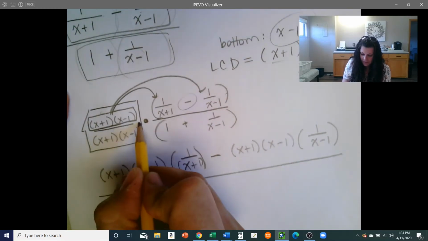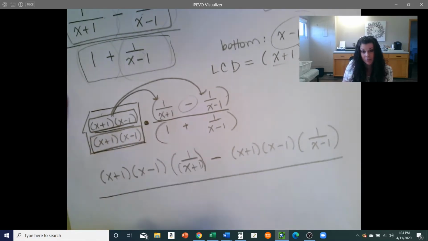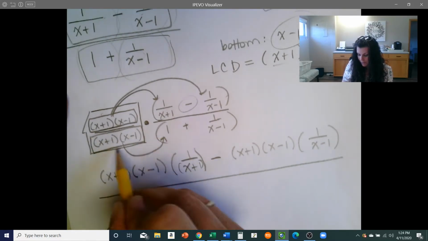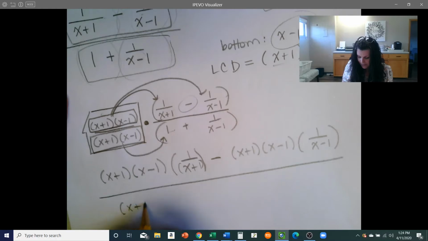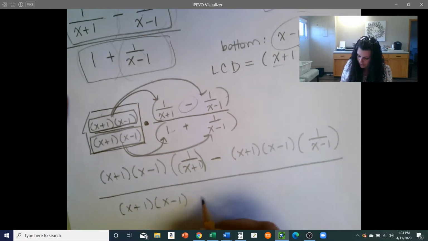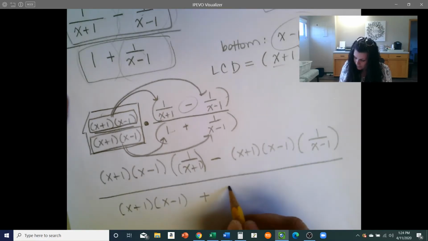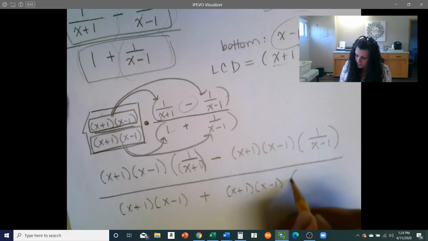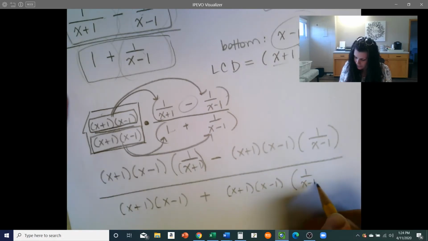I'm going to do the same thing in the denominator. This is just a number. I'm going to distribute it times 1, keeps it the same. And I'm going to distribute here. X plus 1 times x minus 1 times 1 over x minus 1.